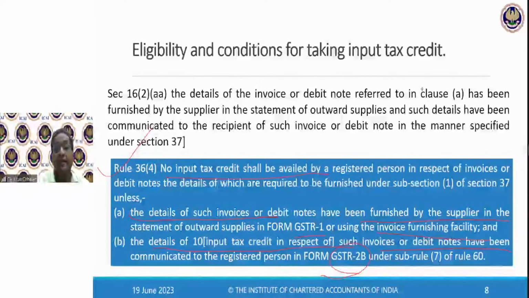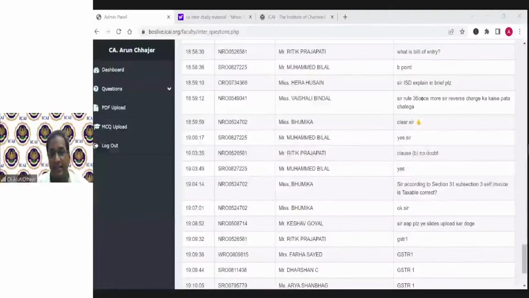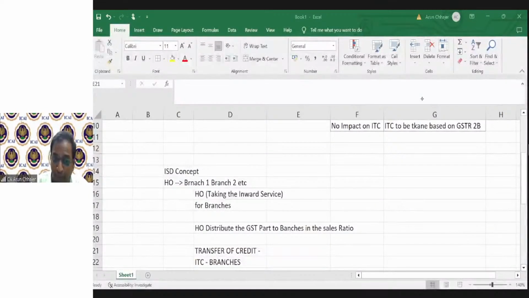It means they are saying that yes, it should be reported in the GSTR 1, and as well it should be communicated. How will it be communicated? In the GSTR 2B. Now, I hope you have a better understanding of why we require the transaction in the GSTR 2B.